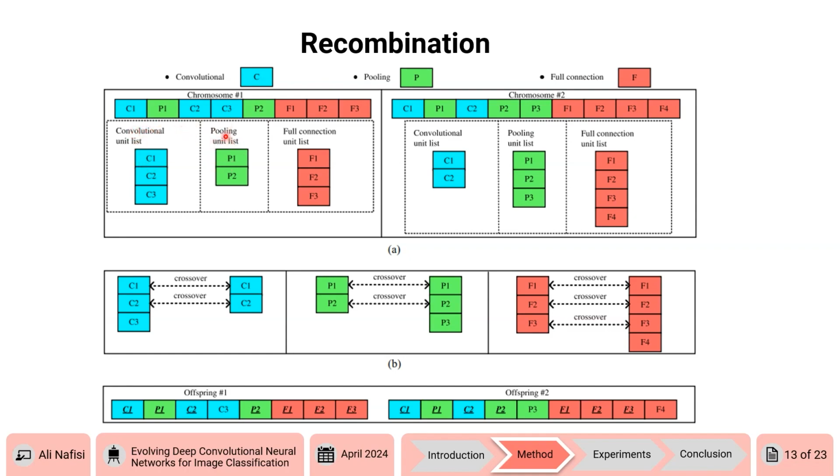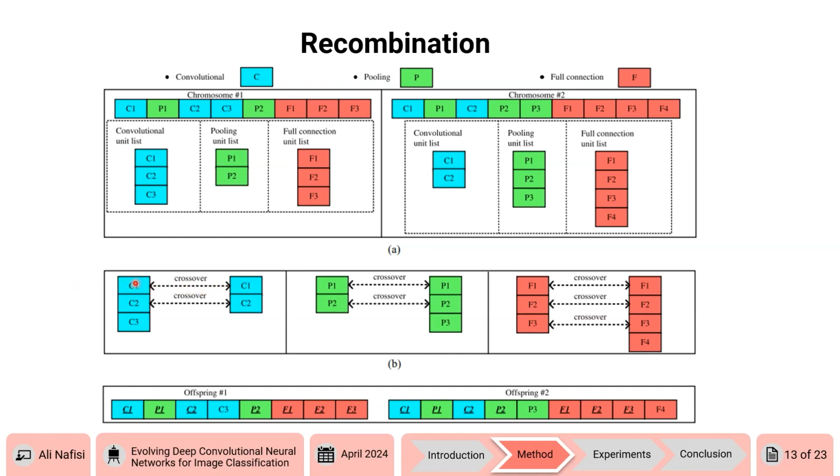So we extract the same type layers and put them together, like here we have the convolutional layers, here we have these two pooling layers, and here we have the three fully connected layers. We sort them. We do this also for the second parent, second chromosome. After that, we exchange the values of these blocks.